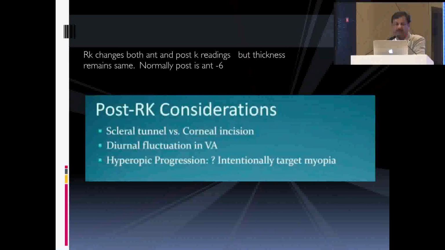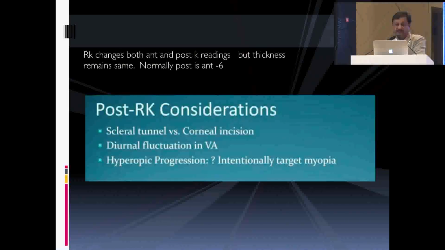A quick word on post-RK. RK actually changes both the anterior and the posterior K readings. Normally, with the corneal thickness remaining the same, posterior to anterior is about -6, but RK changes both the anterior and the posterior.